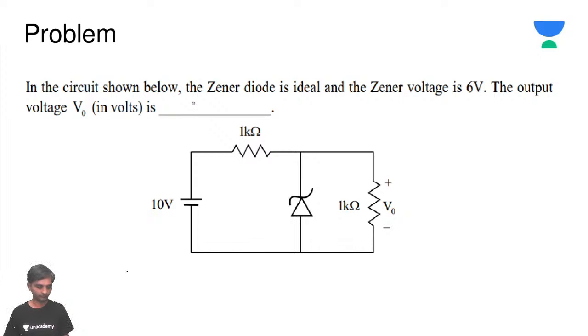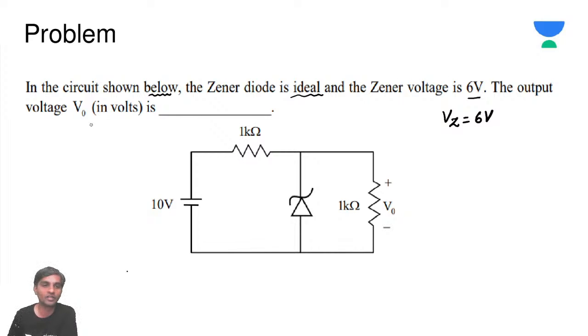Okay. Now, in the circuit shown below, the Zener diode is an ideal Zener diode with Zener voltage of 6 volts. That is saying Vz is going to be 6 volts.